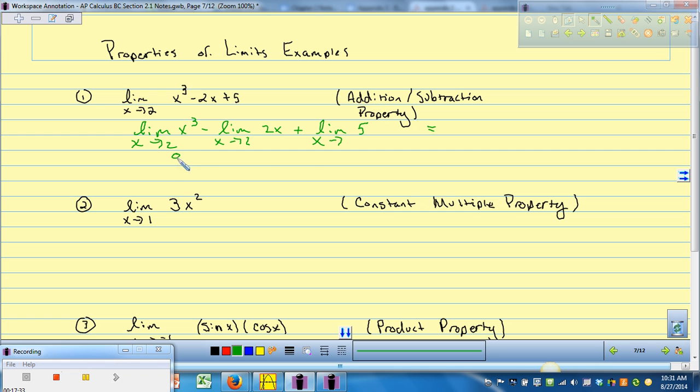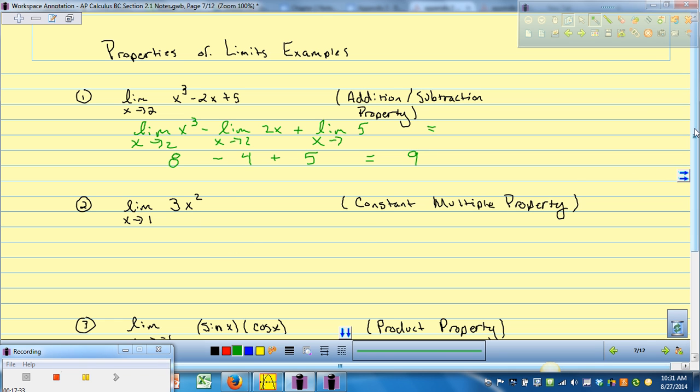Here I have 8. Here I have 4, and then plus, what's the limit of a constant? A constant is just a horizontal line, so it will be that constant. So what do we get? Someone say it. Thank you. We get 9. All right?